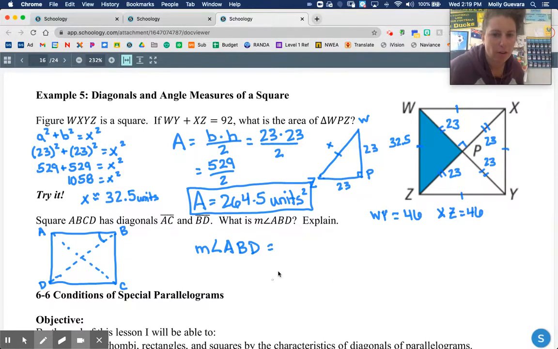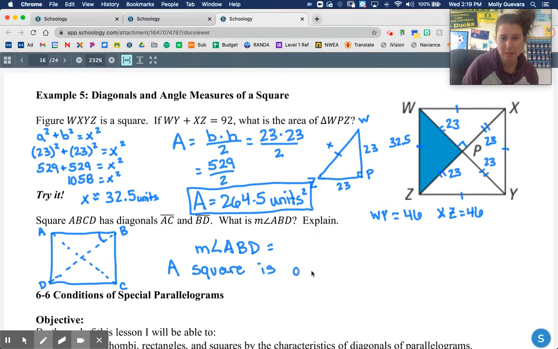Okay, so we're trying to find the measure of angle ABD here. So things that we have to think about. A square is a rhombus. Okay, so a square, I'm going to write this. A square is a rhombus. My pen is jumping.